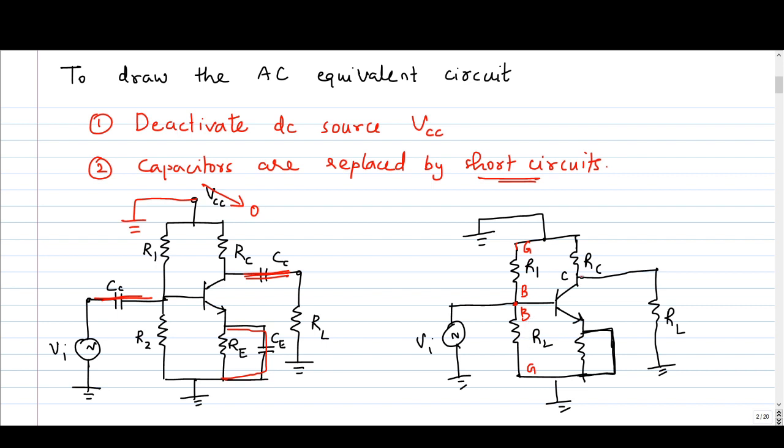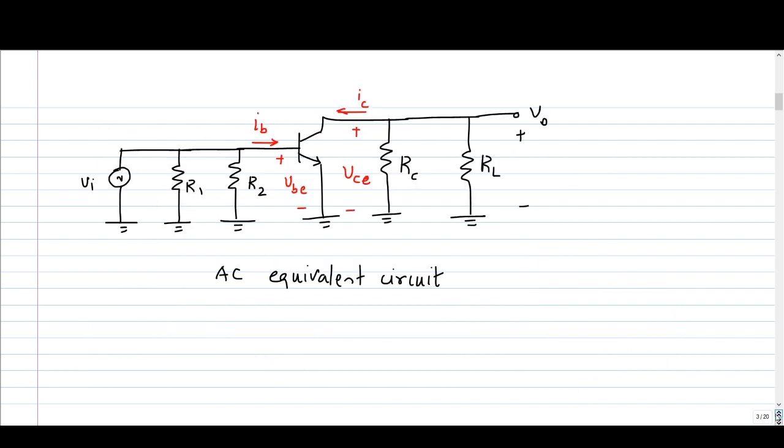Similarly, one end of RC is at the collector terminal and the other end is at ground. RE is not in the picture. It is shorted out from the circuit because we have short circuited this CE by the bypass. If you do those simplifications, you will get the AC equivalent circuit like this.